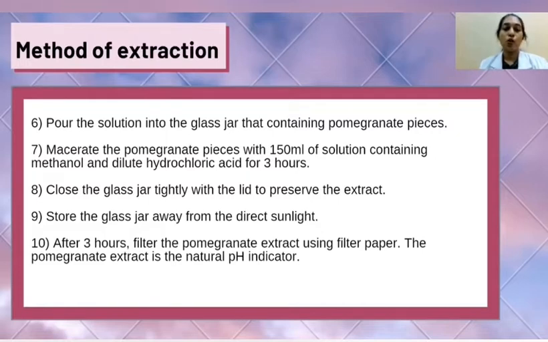Make sure to close the jar tightly with a lid to preserve the extract. We must store the glass jar away from the direct sunlight. After 3 hours, filter the pomegranate extract using filter paper. The pomegranate extract is the nature indicator.